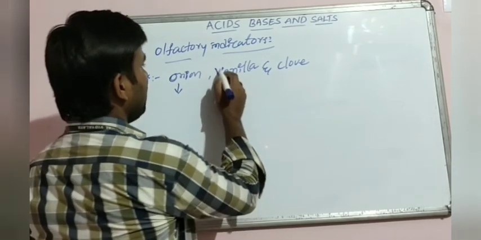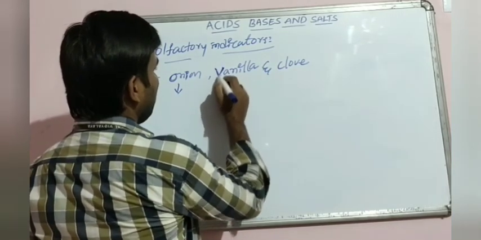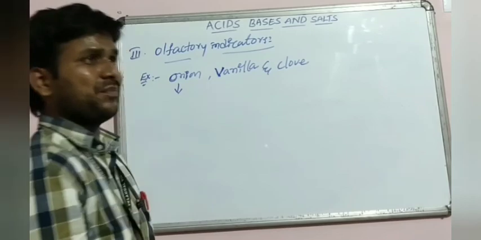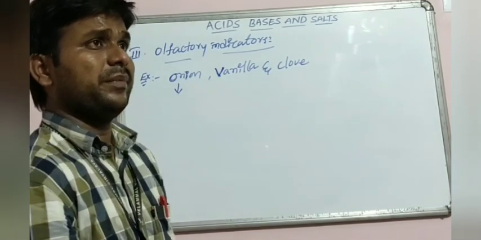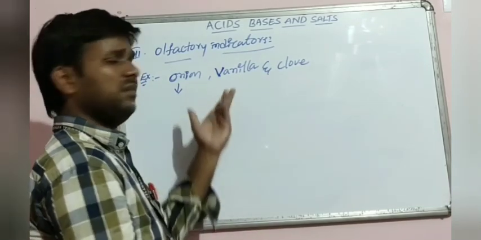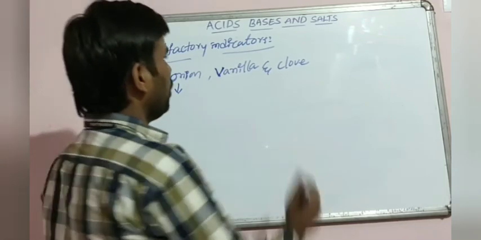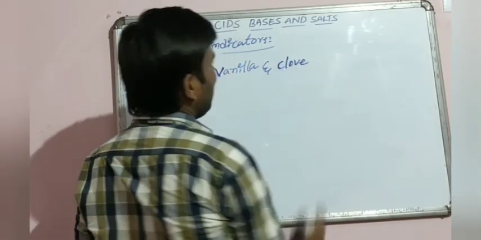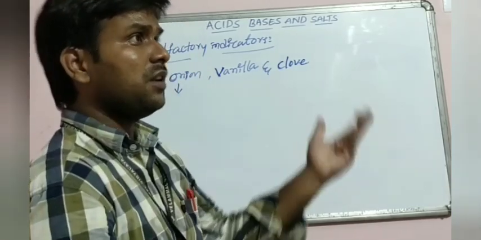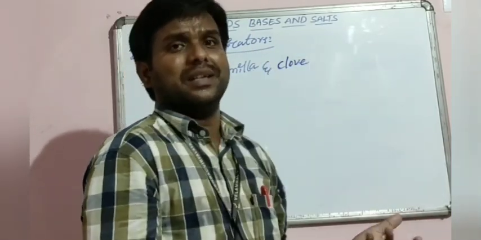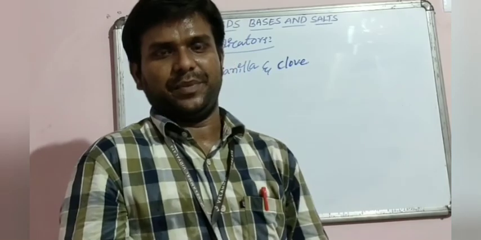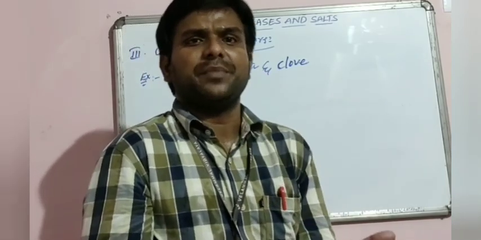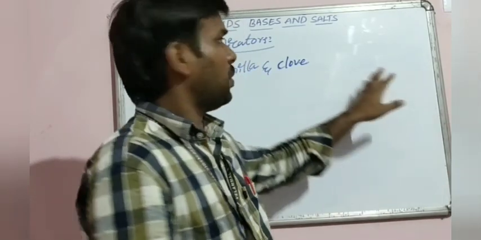It also loses its smell in basic medium and remains the same in acidic medium. Clove oil: we observe the clove oil smell in acidic medium, but in basic medium it does not change.